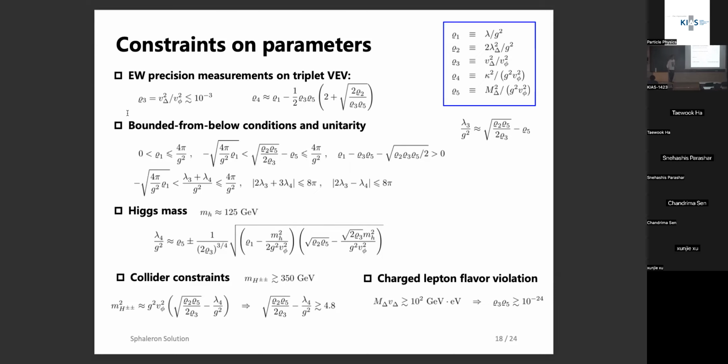The experimental search for such charged lepton flavor violation processes has found no signals, which sets a lower bound on the product of the triplet mass and the triplet VEV. Okay, so all of the constraints on this page will put some strict bounds on these rho parameters.